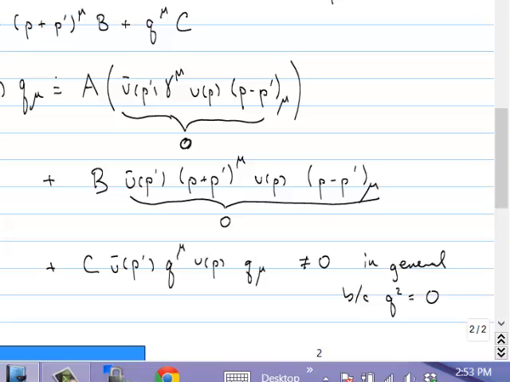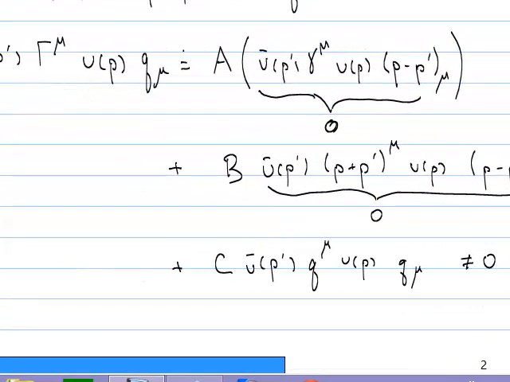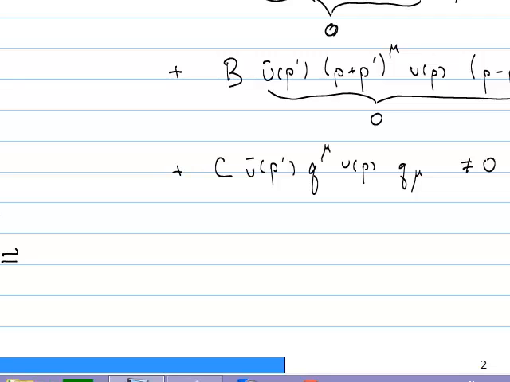If we have an external photon, then it's on shell, so Q squared is equal to 0. But if this is some internal photon in some scattering process, then Q squared is not equal to 0. It's some virtual photon. So that means that C has to be equal to 0 by gauge invariance.